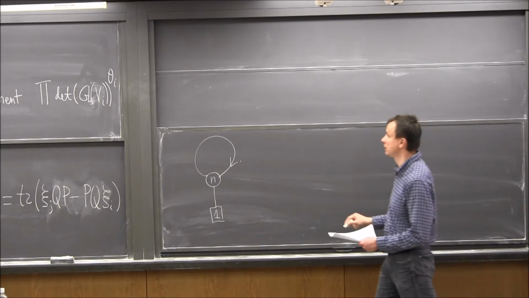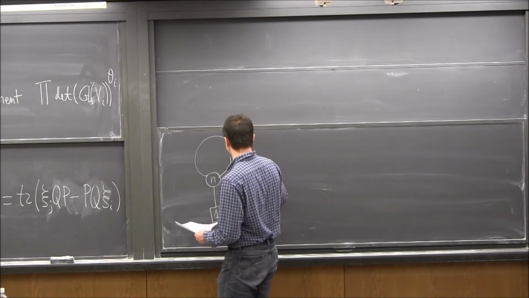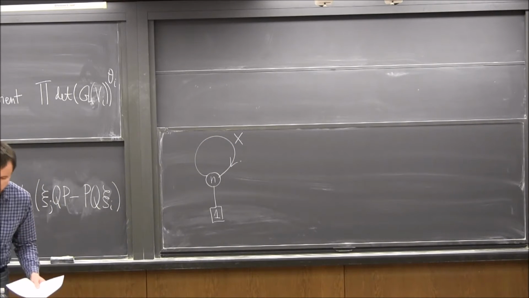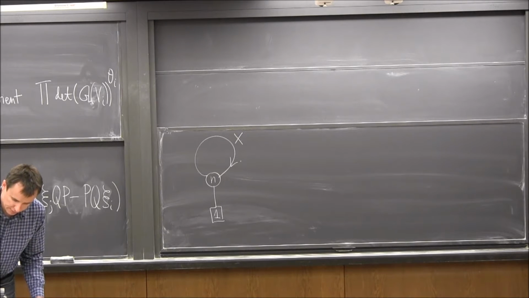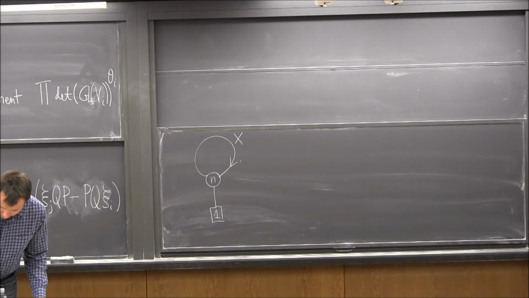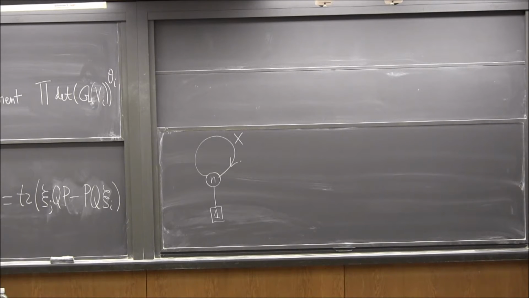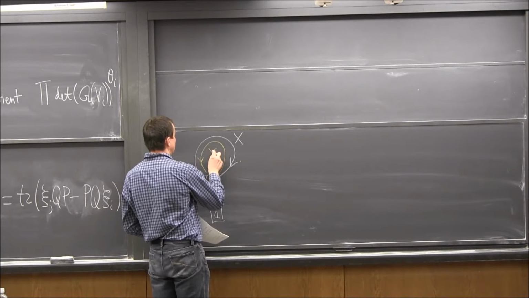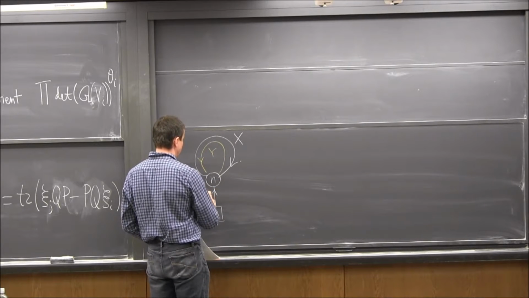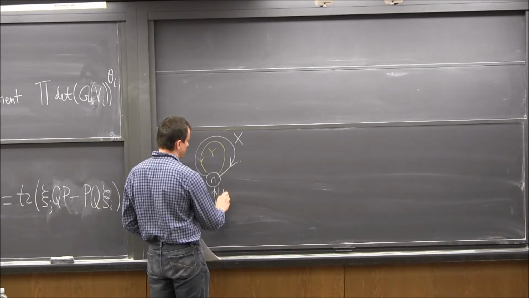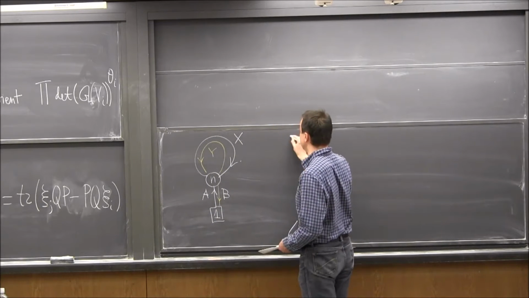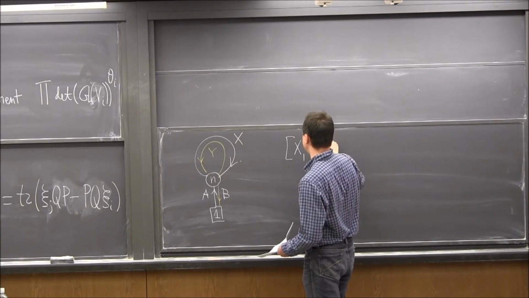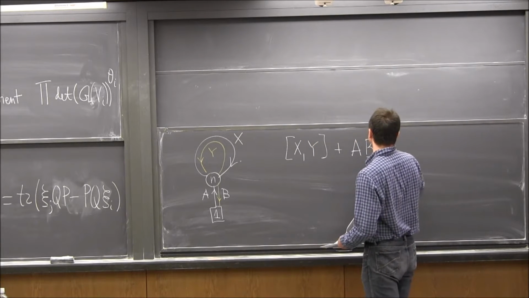So if I call this data x, and then the covector y, and this arrow I call A, and the blue arrow I call B, then the moment map equation becomes, by this rule corresponding to x and y, the commutator xy plus AB equals 0.